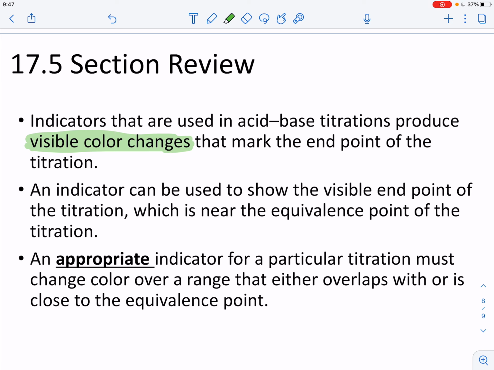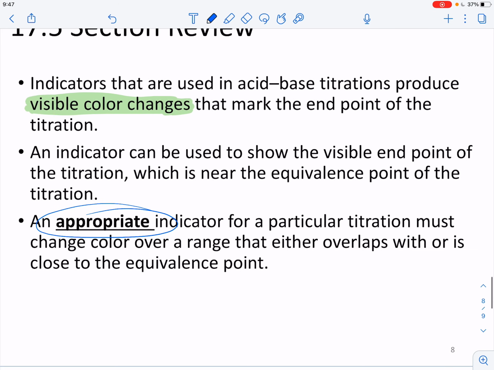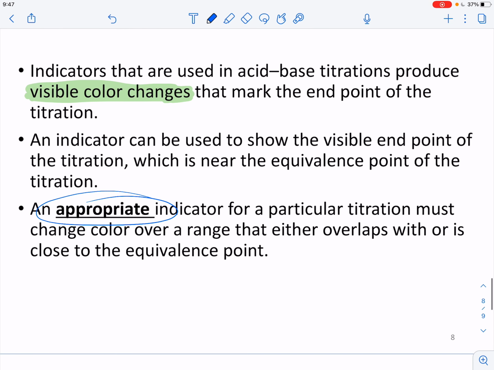Okay, so here the best indicator for a particular titration, you are looking for that indicator that the change in color, okay, and the pKa of the indicator as well overlaps with the equivalence point pH that you are expecting.